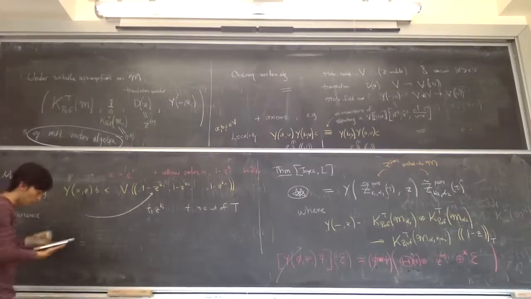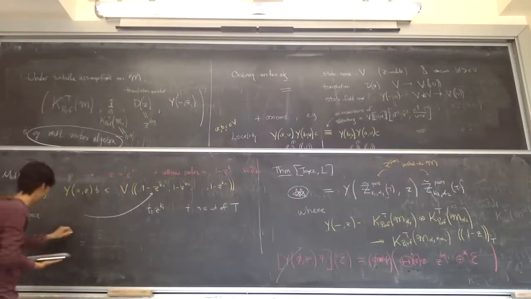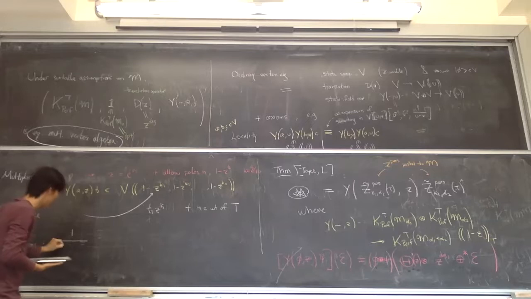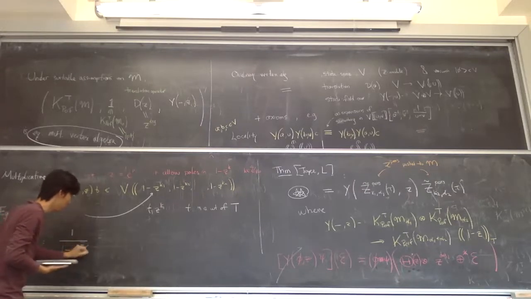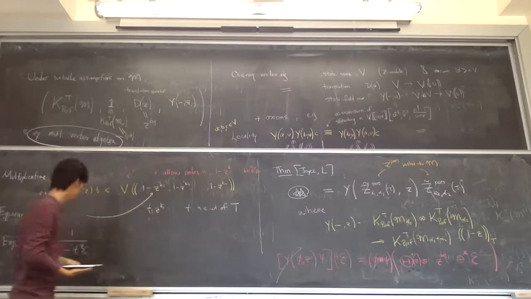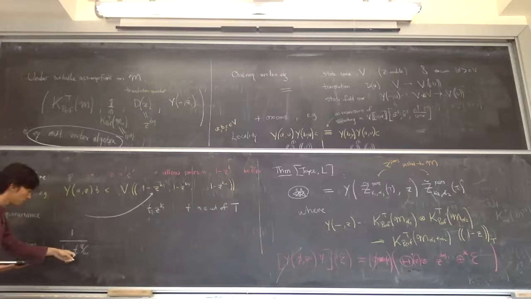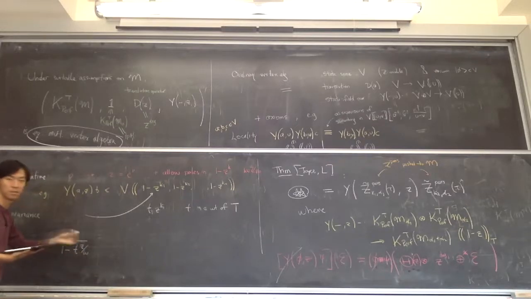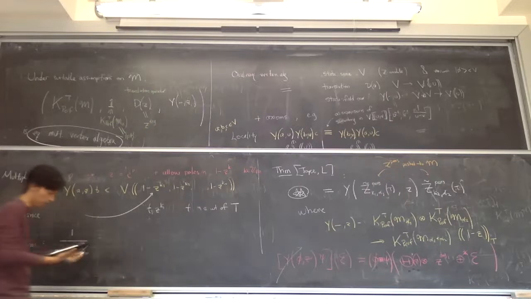So expansions in this equivariant setting are now ambiguous in the sense that if I hand you some function like 1 over 1 minus, let's say, t z over w, this is the equivariant multiplicative version of 1 over u minus v. You can somehow redistribute this t amongst the z and the w in basically whatever way you want, right?